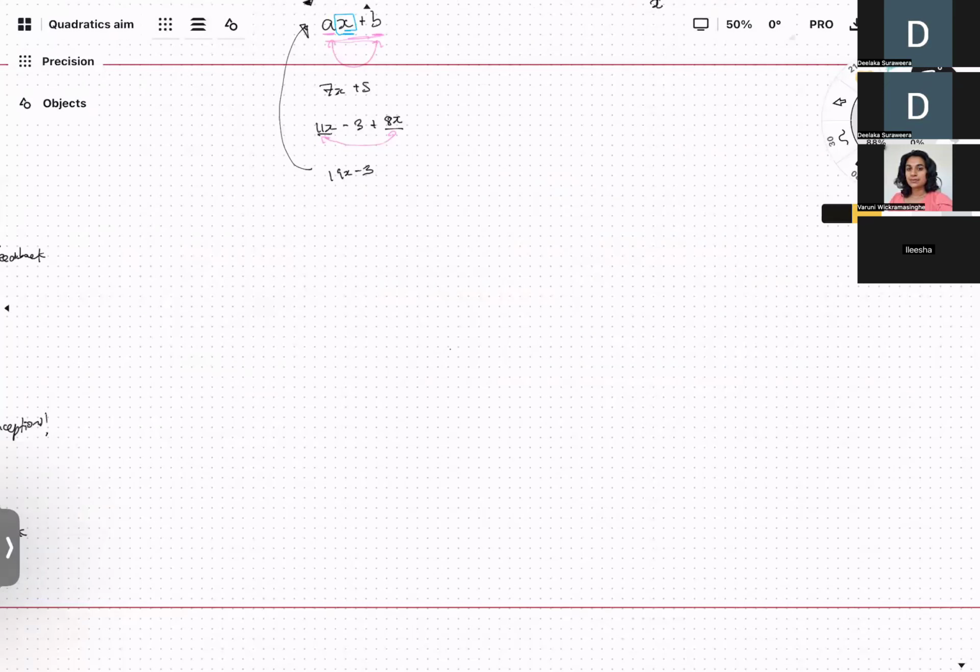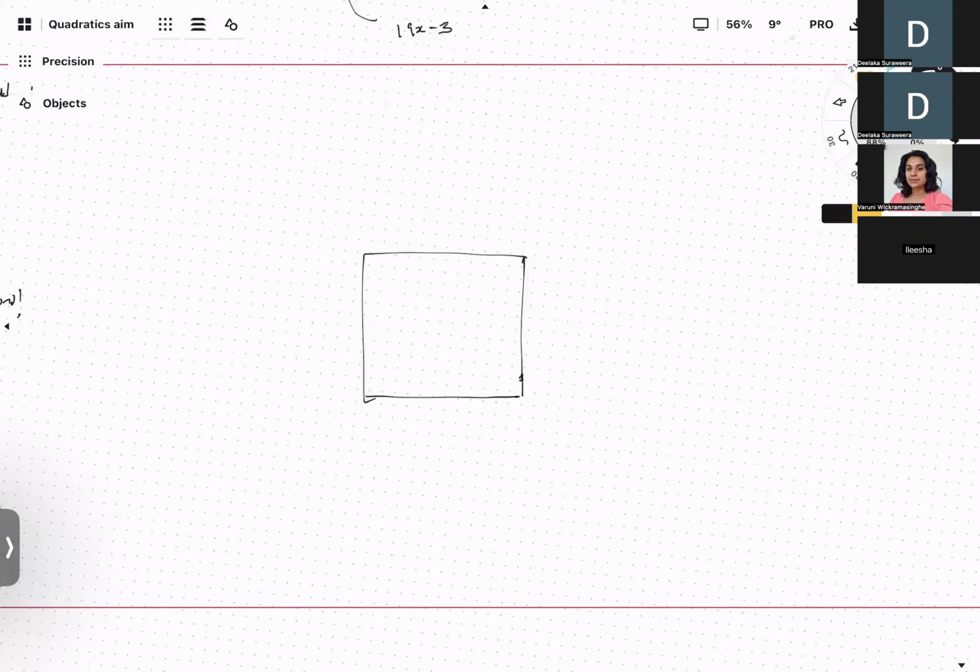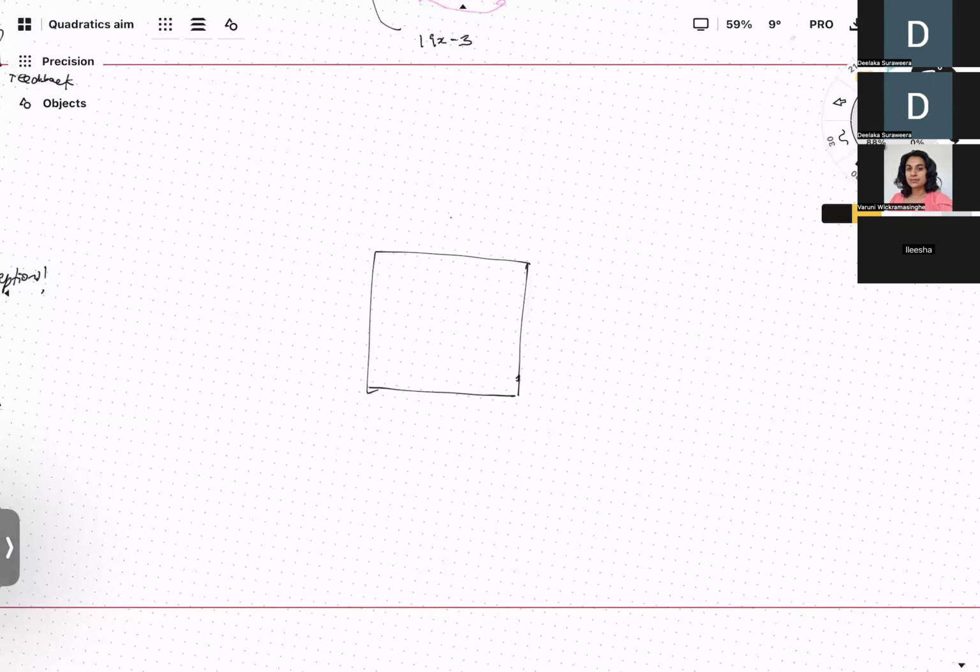Okay, let's say we have an area problem. We have this, and it looks like a square, but let's say it's a rectangle.